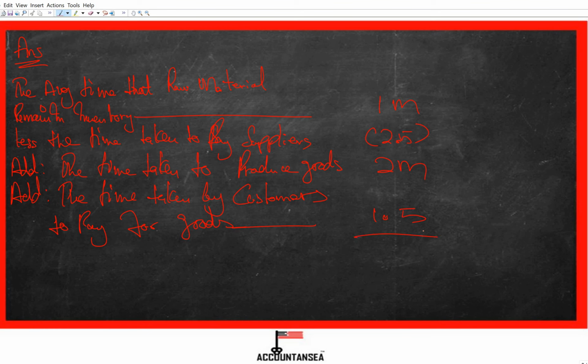So 1 minus 2.5 plus 2 plus 1.5, we got 2 months. This is our cash cycle. The company's cash operating cycle is obviously 2 months.